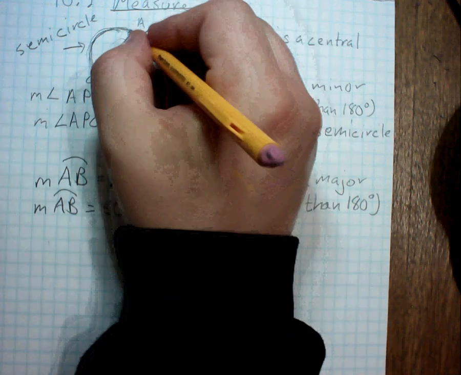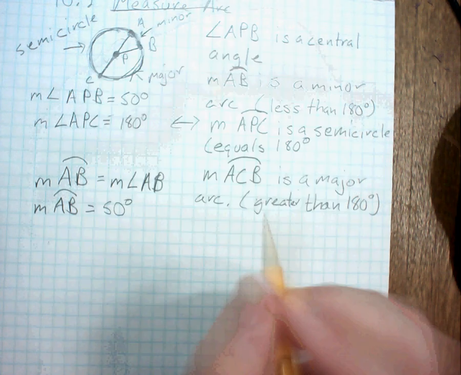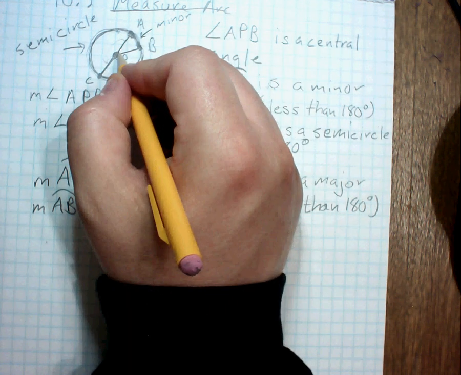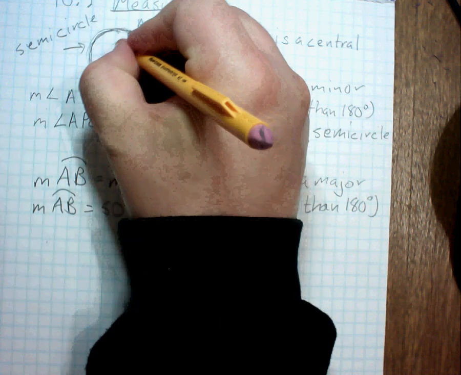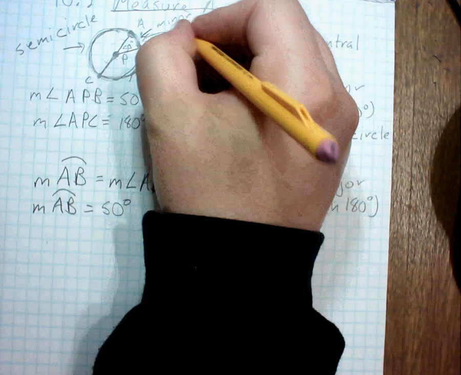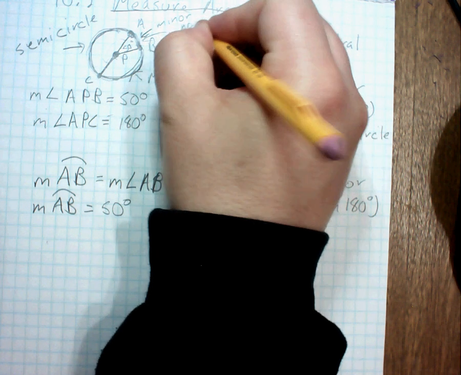So the arc is referring to this length. Remember, arc is a section of a circle. Okay? And we measure this based on what the central angle would be. So if this is 50 degrees, then the measure of AB equals 50 degrees.